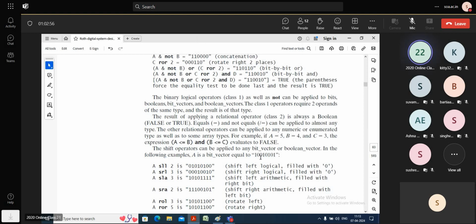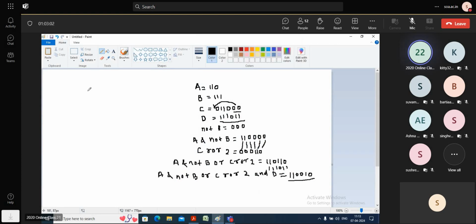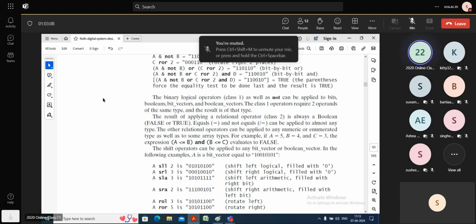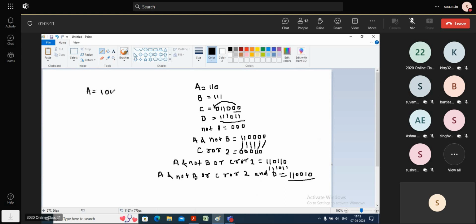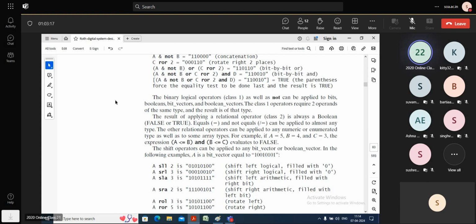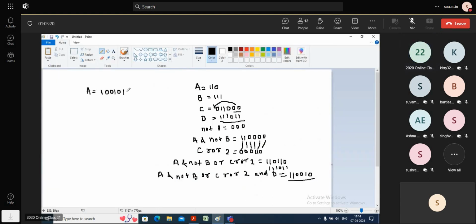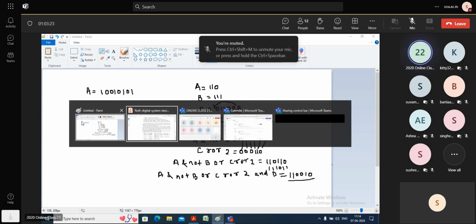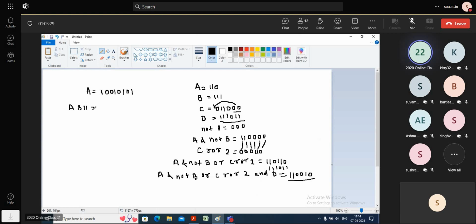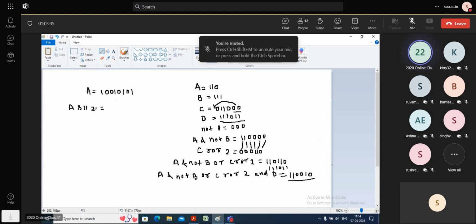So what is the value of a? a equal to 1001 0101. If I write a SLL 2, it will be shifted to the left by 2 positions.